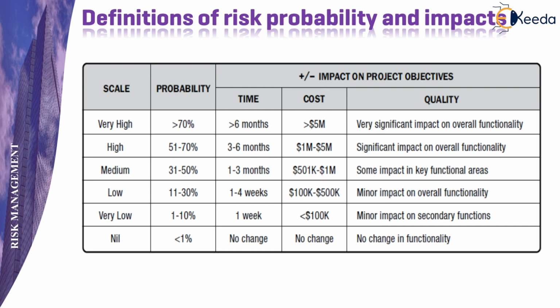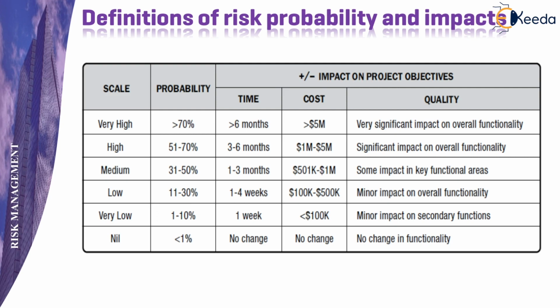On a medium scale, when the probability of occurrence is between 31% to 50%, the impact on time can be as much as 3 months and can affect up to $1 million. It is still classified as a medium risk and will impact the key functional areas of the project or company. For a high risk, up to 70% probability, a time implication of 6 months and a loss of over $5 million is anticipated.